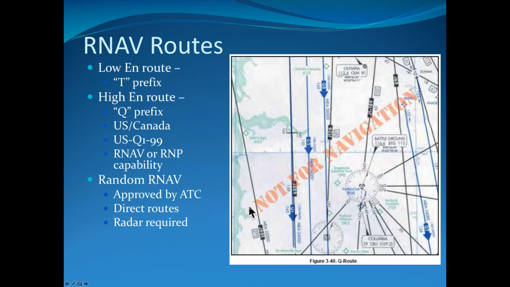Now, we have this new system. I guess it's not horribly new, but the US actually has these GPS waypoints throughout the entire country now, and it's on the grids of longitude and latitude.